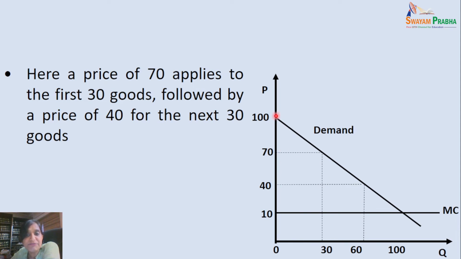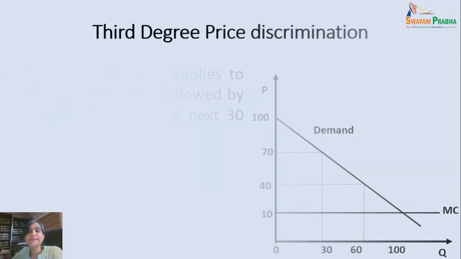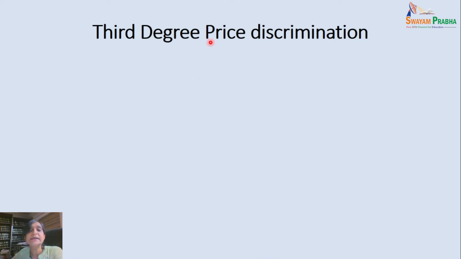This difference between 100 and 70 will be the consumer surplus. So there is some consumer surplus left in second degree price discrimination, whereas in first degree price discrimination there is no consumer surplus. Let us now understand what third degree price discrimination is.